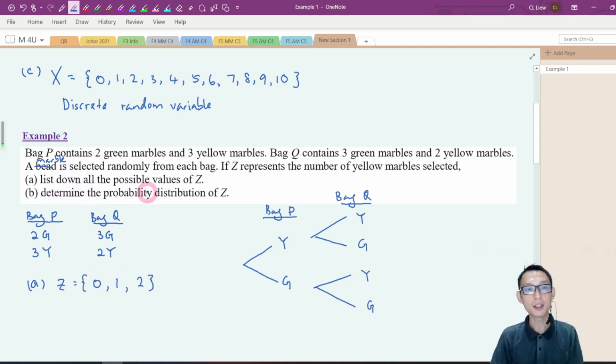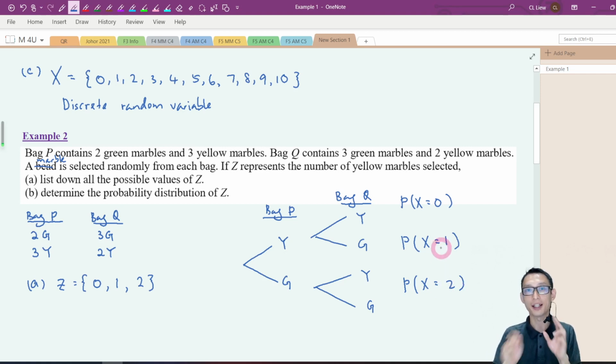B, determine the probability distribution of Z. We want to find the probability distribution of Z, meaning we want to find the probability of getting 0 yellow marbles, the probability of getting 1 yellow marble, and the probability of Z equal to 2, meaning getting 2 yellow marbles. You will notice that these are all the possible outcomes, right?